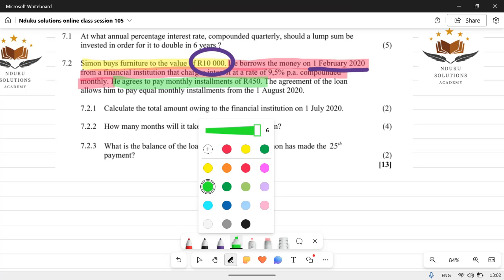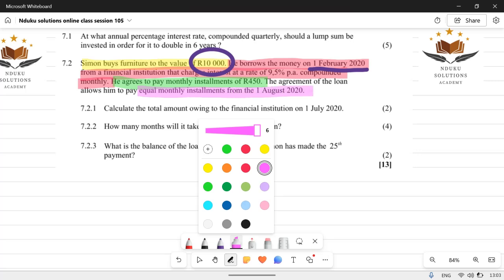They will give him 10,000 on the 1st of February, but they will charge him 9.5% per annum compounded monthly. And then the agreement of the loan allows him to pay equal monthly installments. So there are installments involved here. The bank is not saying after 5 years you come and pay. No, if they give you a loan, you're going to have to pay the loan with installments.